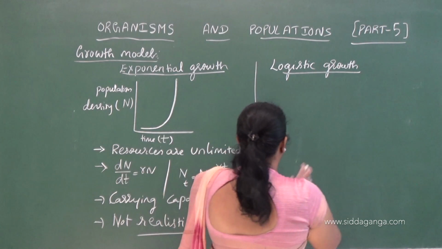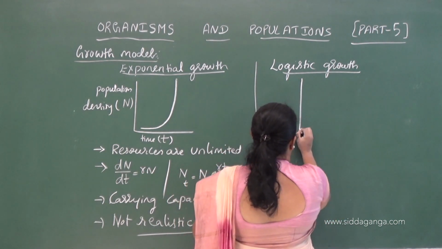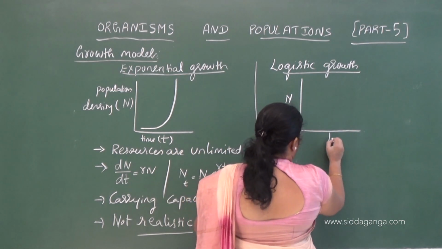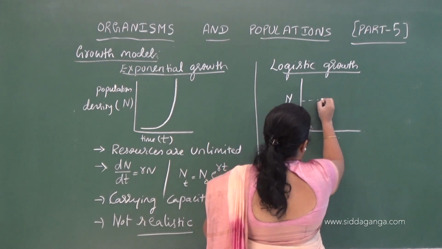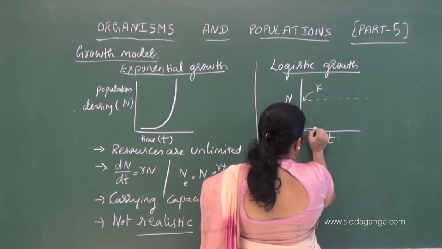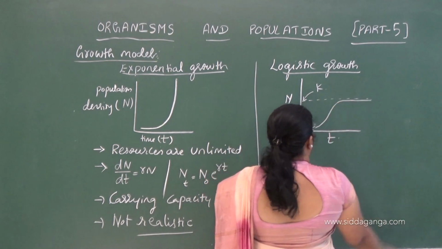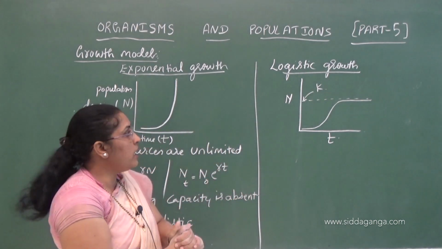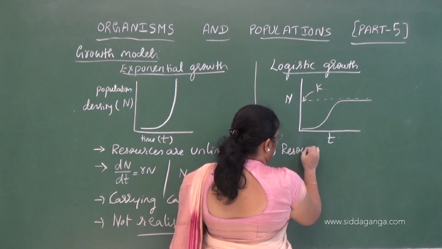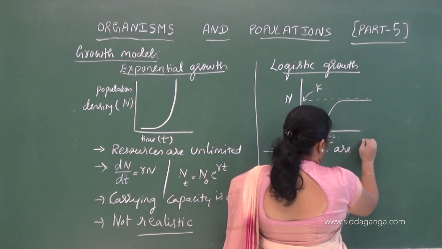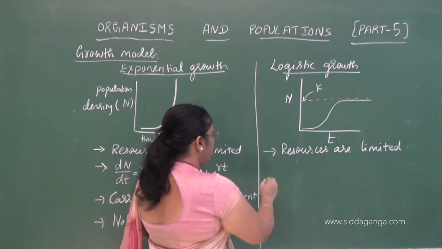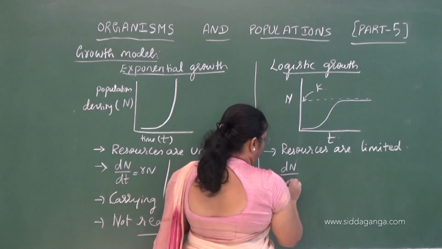So next, this is population density and this is time. This type of growth model we see in logistic growth, when resources are limited.